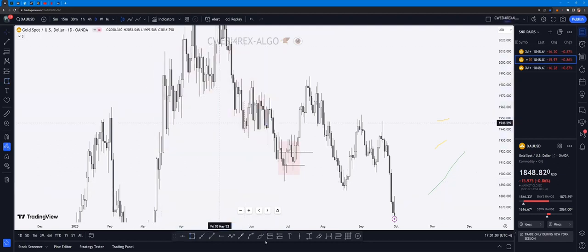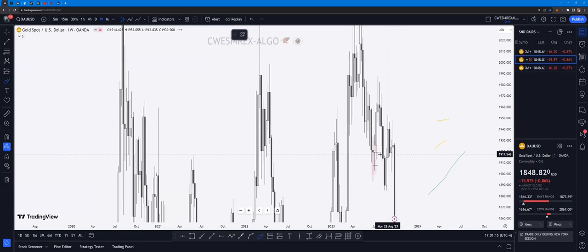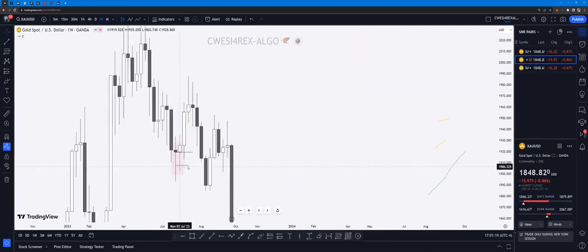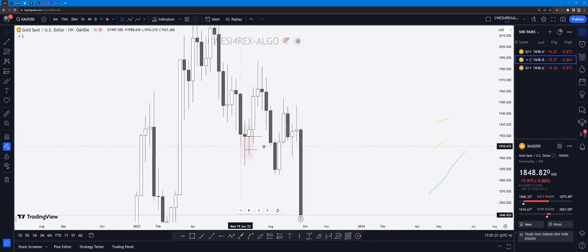You understand? So in this example, since we had this weekly rejecting over here, you can see where the daily is. The daily is somewhere here. So we were already on a daily bullish storyline, right? Then the weekly over here is just a pullback to mitigate this, right? But after it went up, we had price coming back over here to retest it.